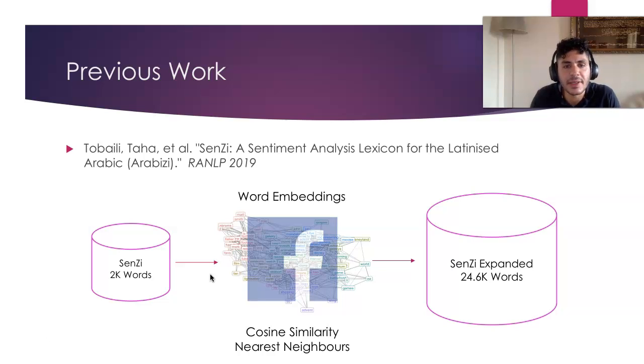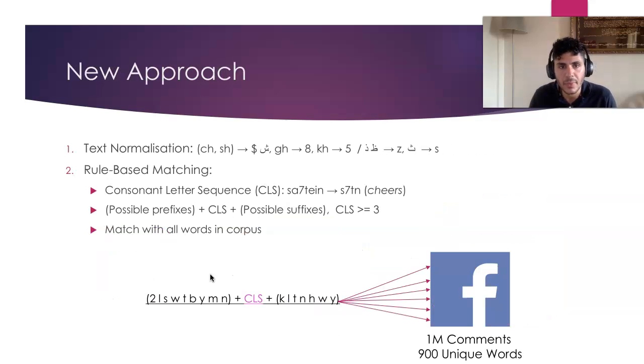What we've done previously is that we've expanded this lexicon of 2,000 words into 24,000 words using word embeddings, just the classical cosine similarity nearest neighbors. Now, we propose several steps to further expand the original lexicon.